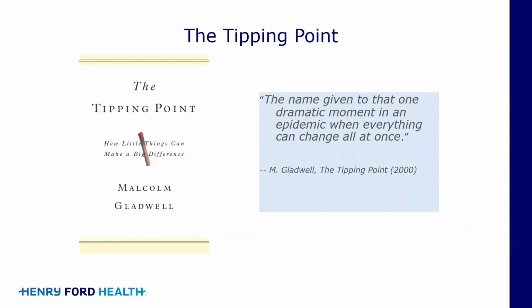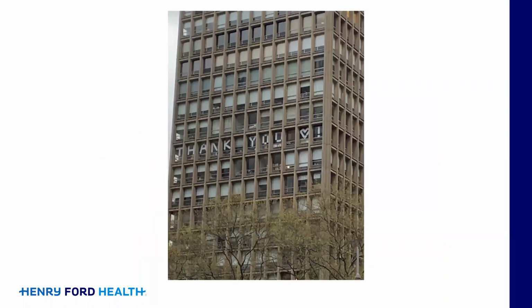If you're able to do that, and find some key peers and key frontline leaders that you can align with, then you'll find that you get to this tipping point, which really will help on the journey to improving medication security or any quality improvement initiative. That's it. Next slide. Thank you so much. This is from New York in 2020. I'm going to turn it over to Ryan, who is going to give us an incredible overview of strategies for success in medication security.